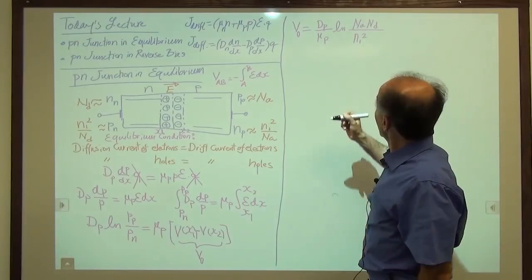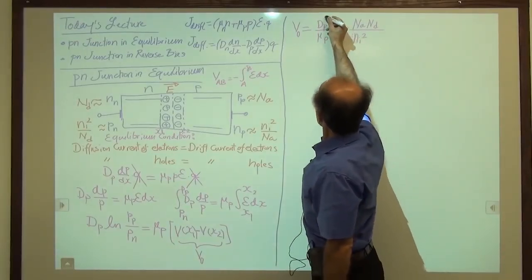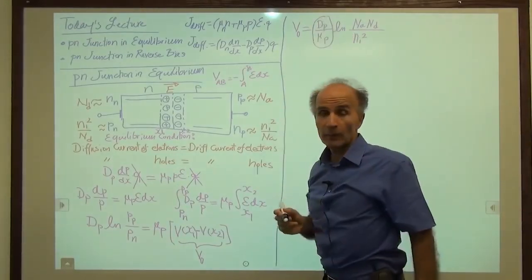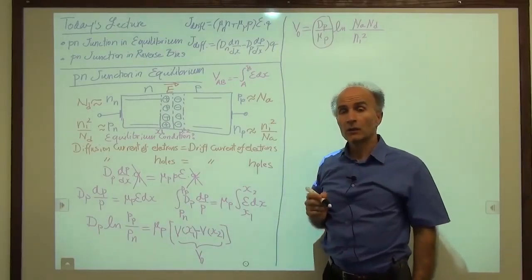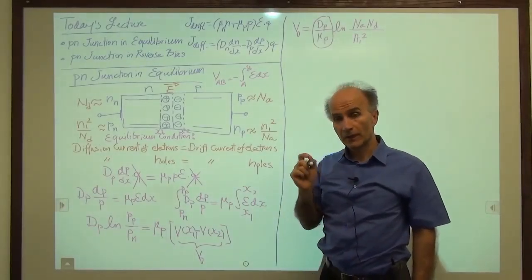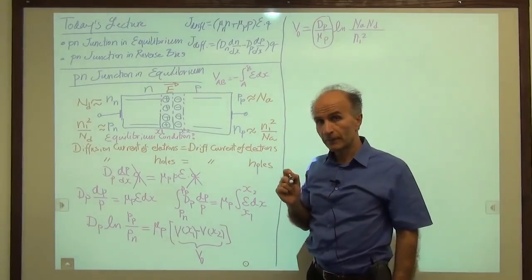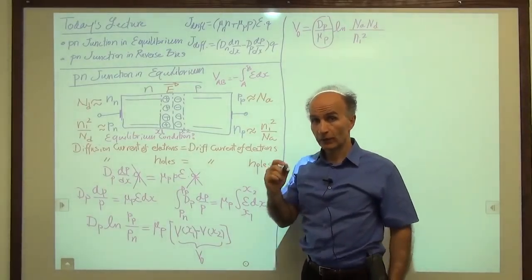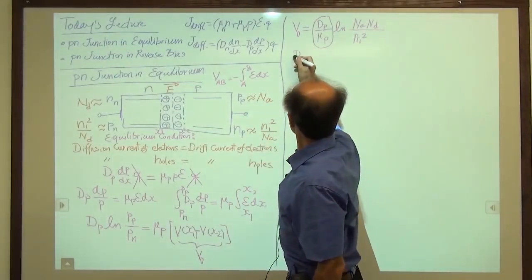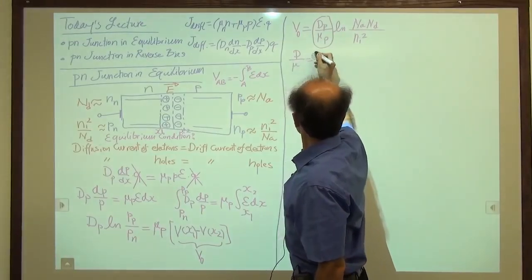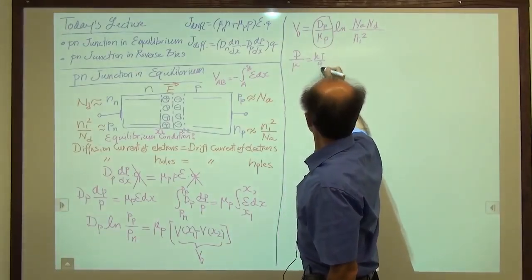Okay, that's very interesting. Now, remember something about this fraction? If you remember Einstein's relation, it told us that the d over mu is equal to kt over q. So d over mu is equal to kt over q.